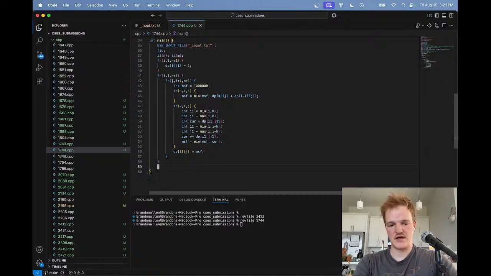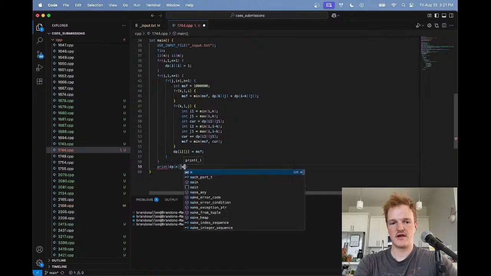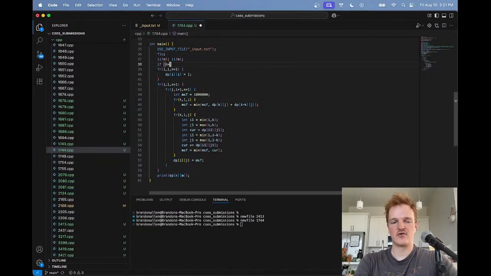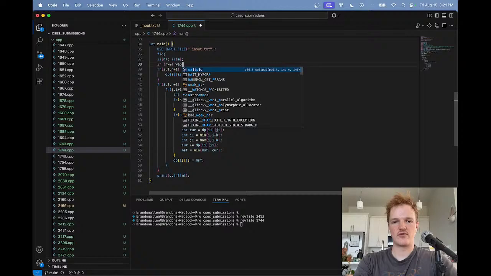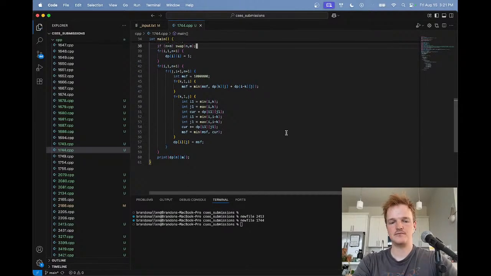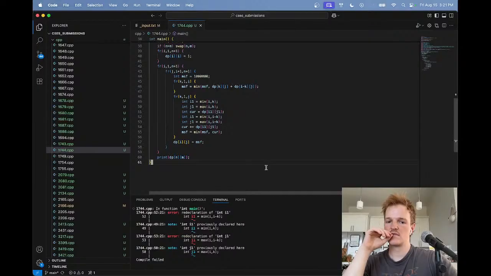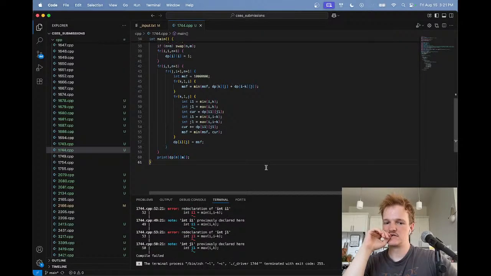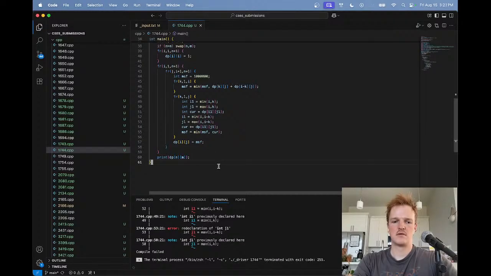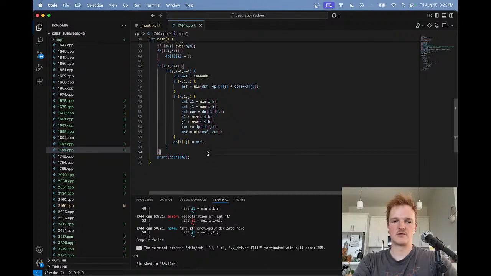Okay, and then in the end, print dp at n at m. And then I kind of want to say, if n is greater than m, swap n and m. Uh-oh. Zero. Shit.